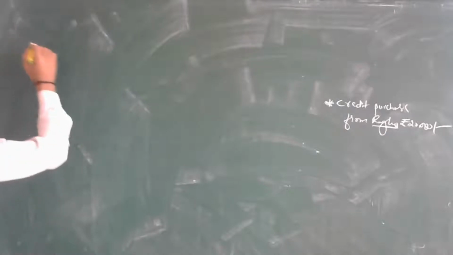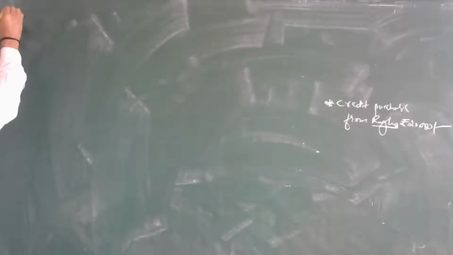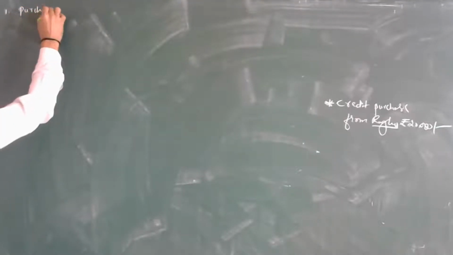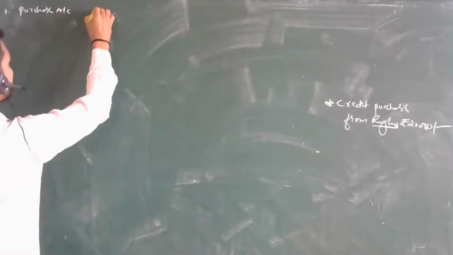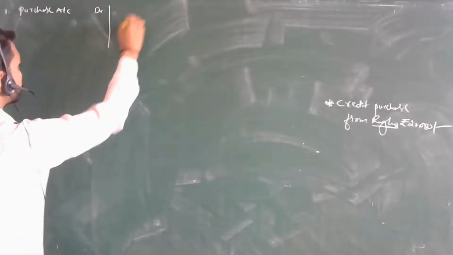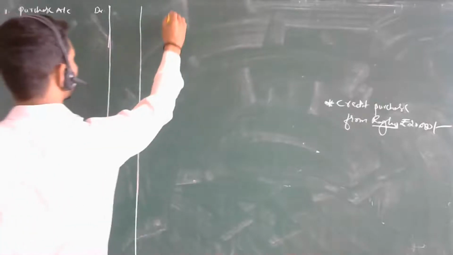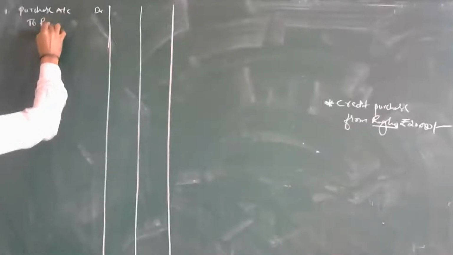So the first entry, what will be the first entry? Purchase account debit to Raghu's account.